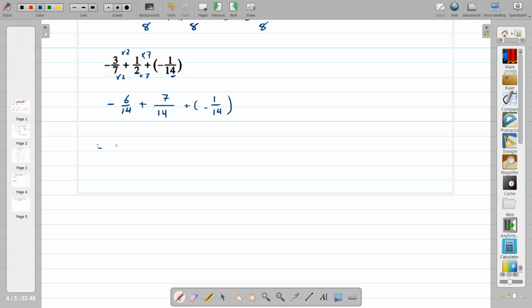Now with the same denominator, you can add negative 6 plus 7 plus negative 1 over 14, which equals 1 plus negative 1 over 14, which equals 0 over 14, because 1 plus negative 1 means 1 minus 1.